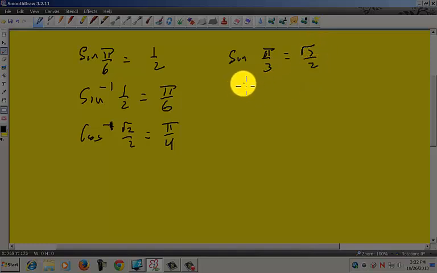Then we have to say what is sine inverse of rad 3 over 2? Well, that would be pi over 3. Okay, so now, what about tan inverse of 1? Well, that's going to be pi over 4, because tangent of pi over 4 is 1. So we're going backwards, and you have to be careful.